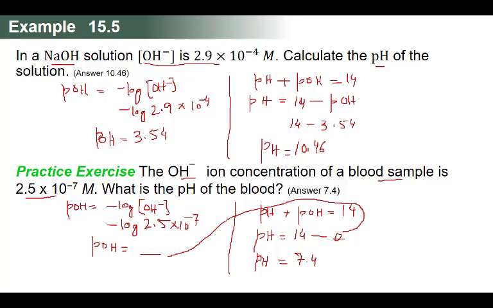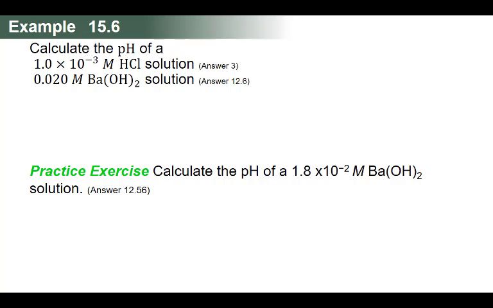Okay, the next question here is 15.6, and he is asking you to calculate the pH of hydrochloric acid solution, 1 into 10 power minus 3. This is very easy. But let me show you the HCl situation here, because in the next class we will learn about strong acid and strong base, and there it will help us.